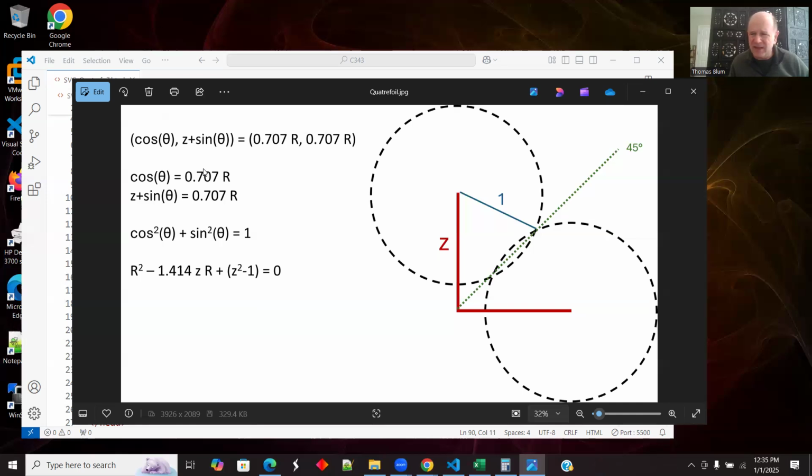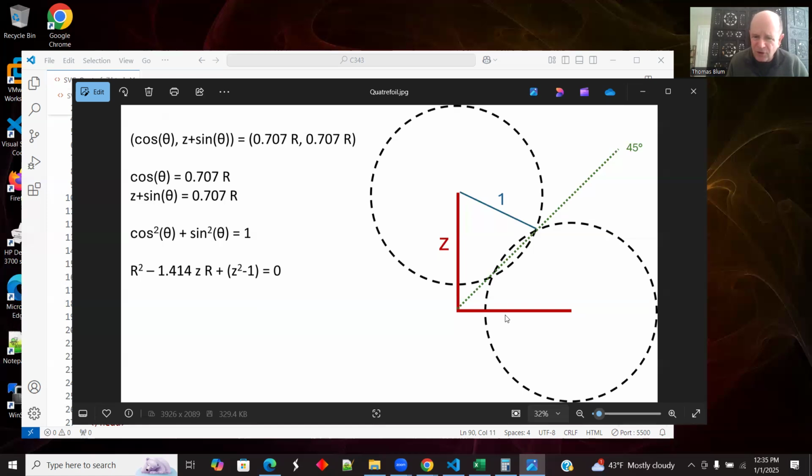So we set up a basic vector in this coordinate system, where the center of the cross or the center of the quatrefoil is the origin. If theta is an angle in this upper circle, measured from the horizontal down to this radius, then the horizontal is cosine of theta.